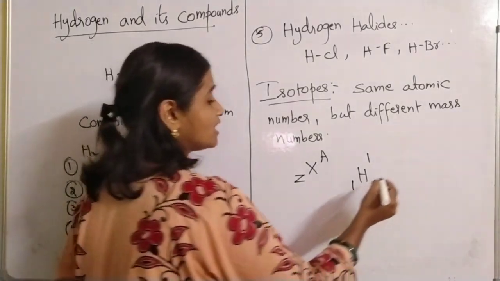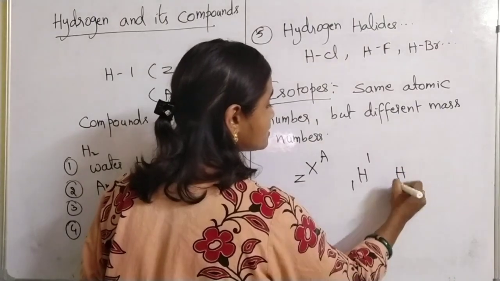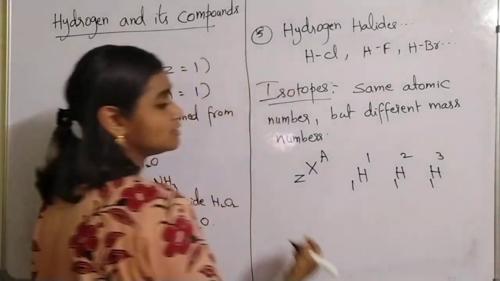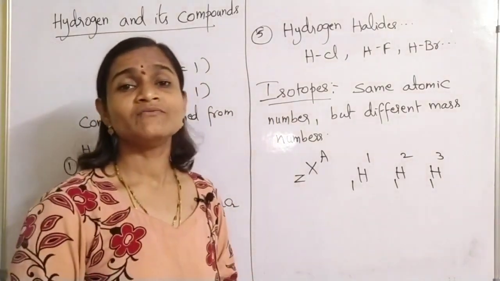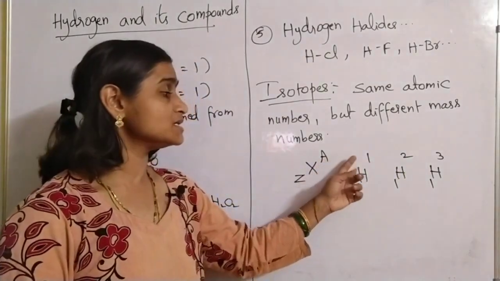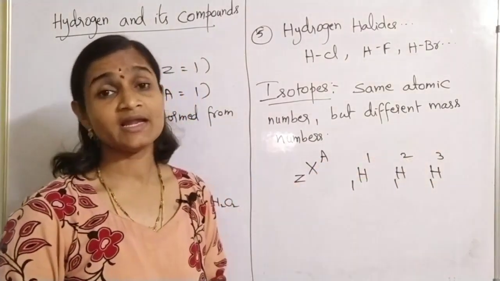So what are the isotopes of hydrogen? 1H1, 1H2 and 1H3. You find three elements with the same atomic number 1 but different mass numbers 1, 2 and 3 respectively.